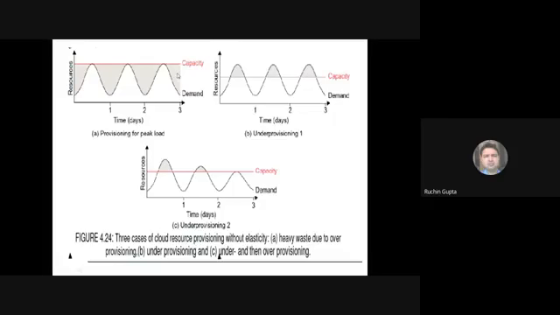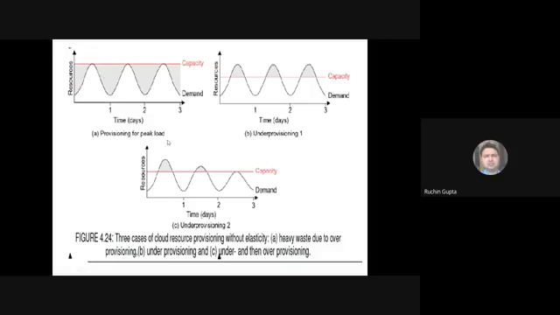So all the demands are going to be satisfied, but you see sometimes the demand is very low but the capacity is high. At that time, when the demand is very poor and the capacity is very high, the resources are not being utilized. So this is the underutilization of the resources.